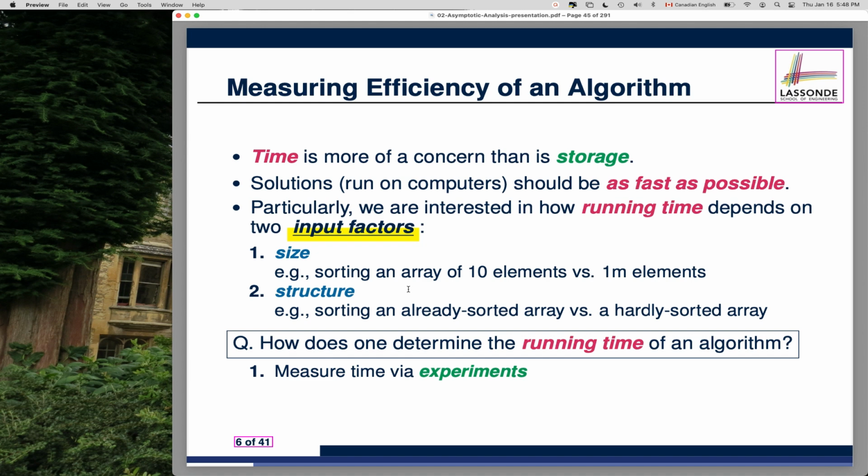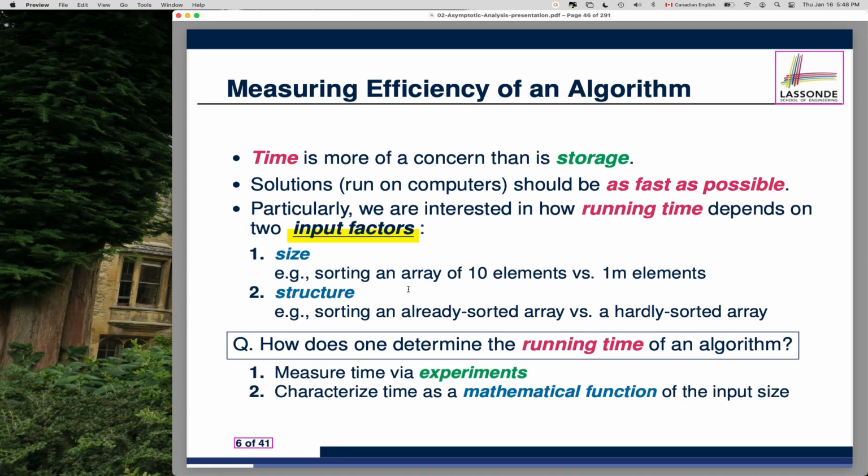You simply implement the algorithm, run it on some computer, and record how much time it takes. That's something I will show you, the whole process as a complete example. Then we're going to identify limitations of this approach, and then move on to something more mathematical, which is what you learned in 1019. All right? Any questions so far?